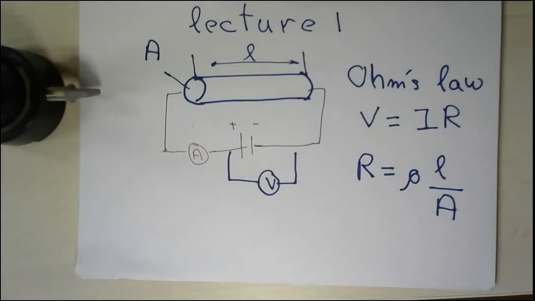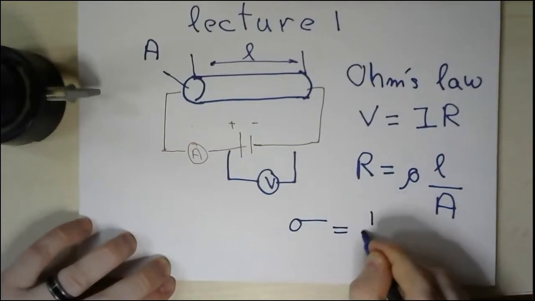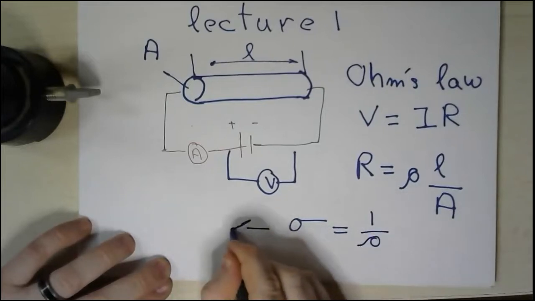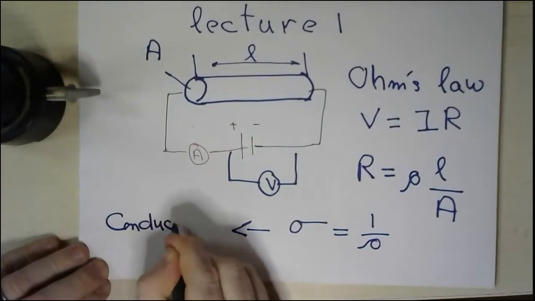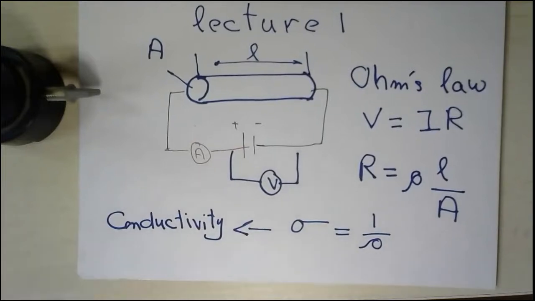Now, finally, we know the term sigma equals 1 over rho. So sigma is what we call the conductivity. So sigma, or the conductivity of the material, is simply 1 over the resistivity.